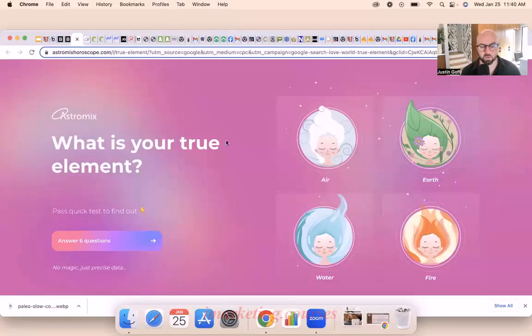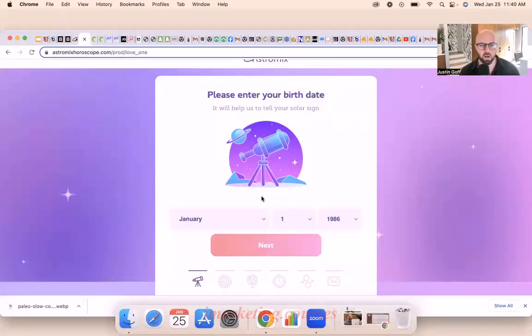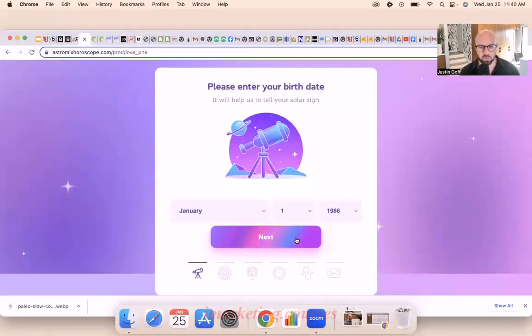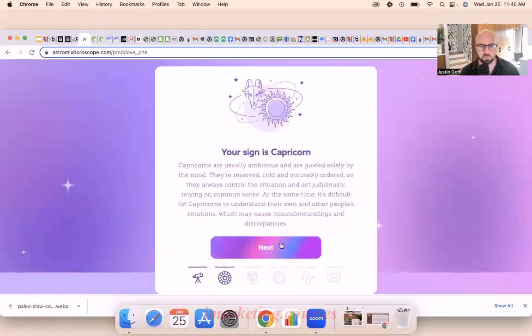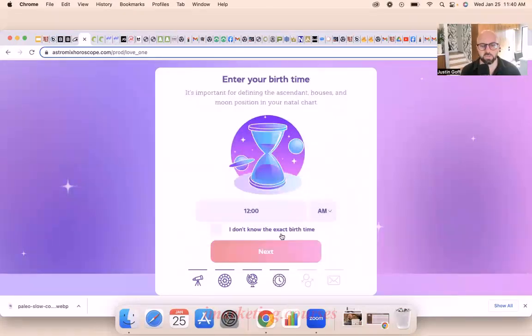This is the astrology niche. A lot of these are quizzes, which makes sense because if you enter a bunch of information about yourself, then it can tell you a bunch of stuff about yourself. Let me see if I can quickly do this one. We'll see if it spits out.